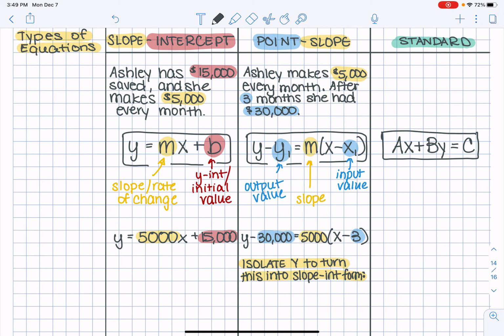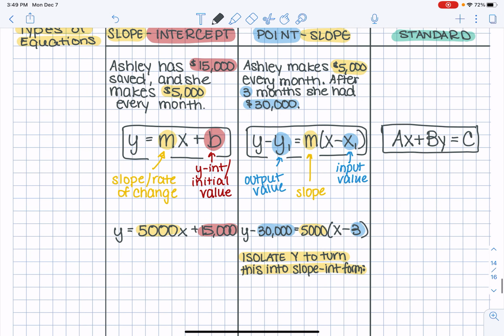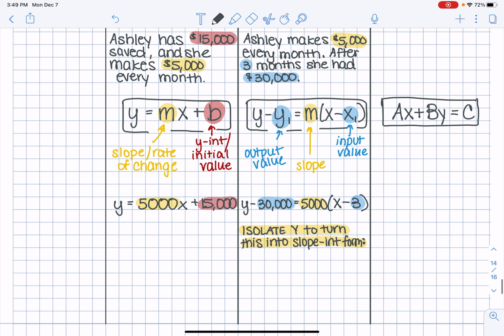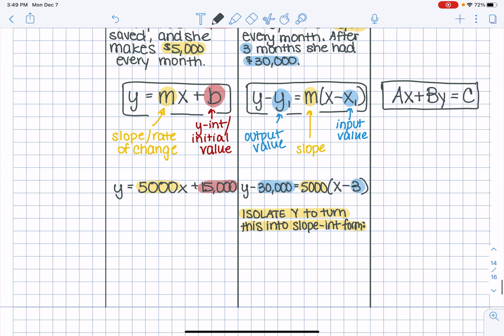So we are going to use what we know about literal equations. Think back to literal equations now. We're going to use what we know to try to isolate the y so that we can turn this back into this. So this is what I want you guys to do in this space right here. I want you to write the equation again.